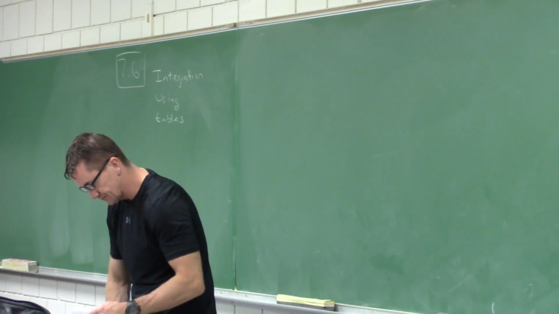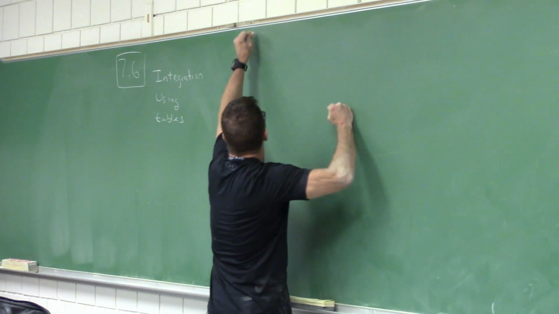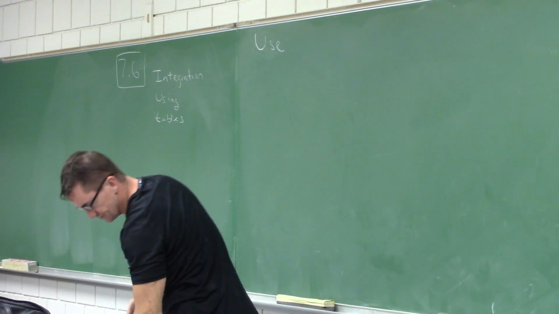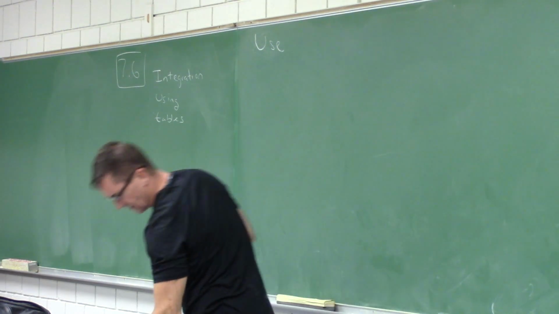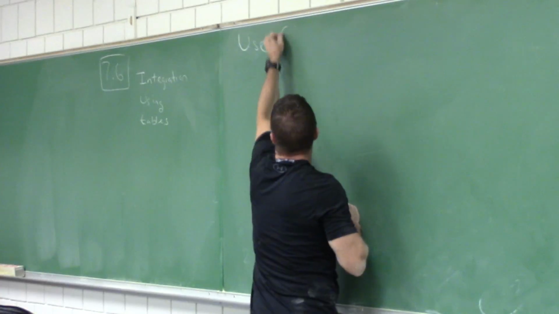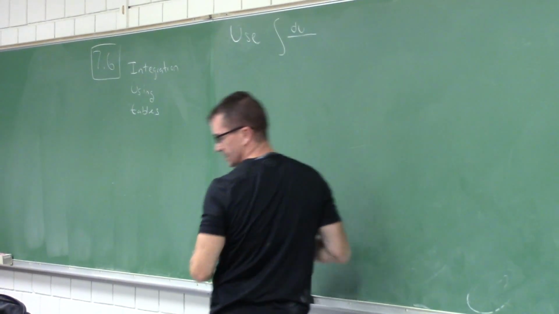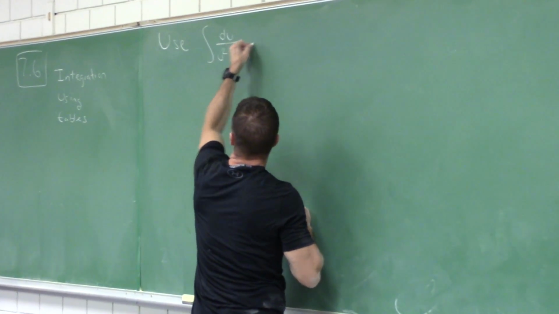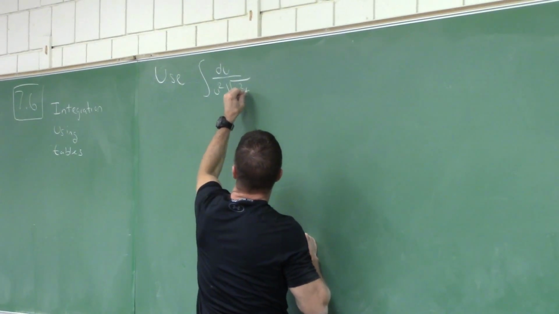All right. Here's my directions. Use the formula for number 28 from that sheet: the integral of du over u squared times the square root of u squared plus a squared equals negative the square root of u squared plus a squared, all over a squared u, plus a constant.